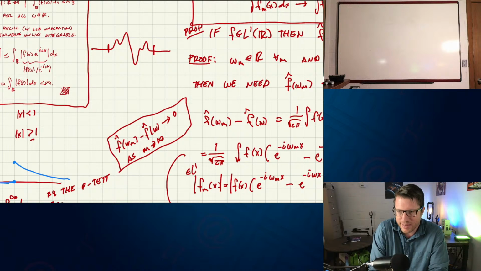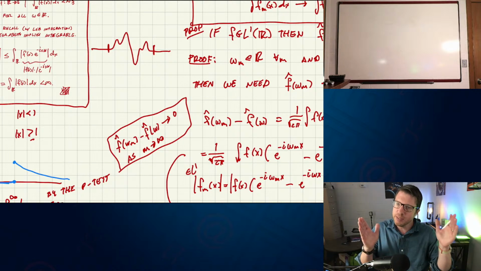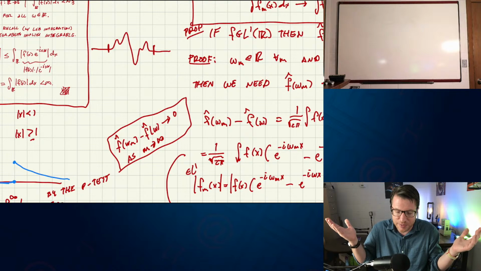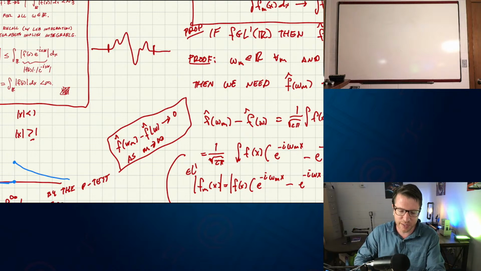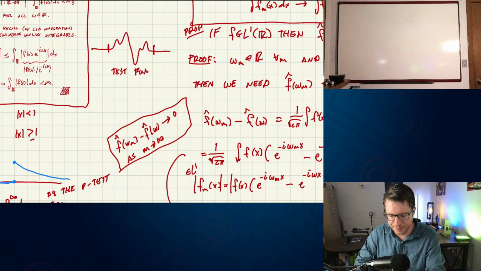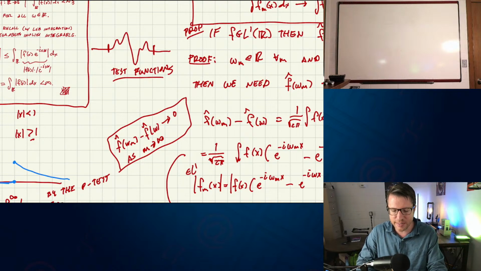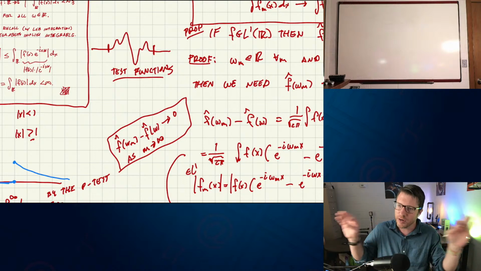And if they're continuous and zero outside of some compact set or interval, then you're guaranteed to be integrable because you can integrate over a finite region. These are ones that we use a lot, and these are usually called test functions. A Gaussian is one example of a test function, but it's not compactly supported. It just goes off to infinity.